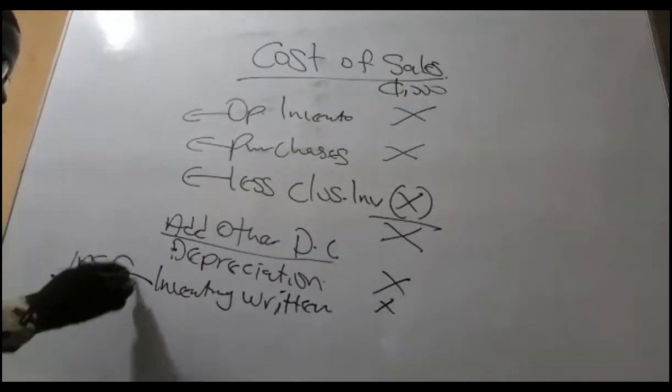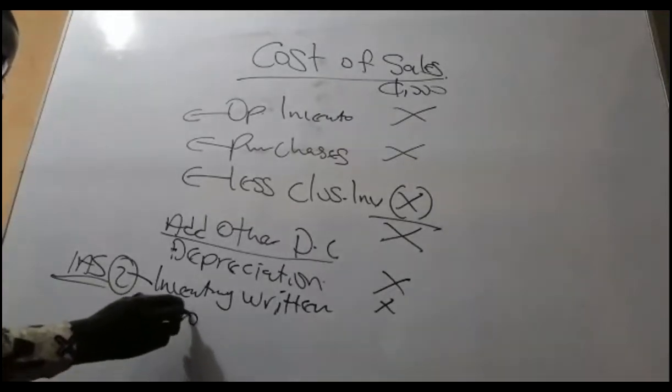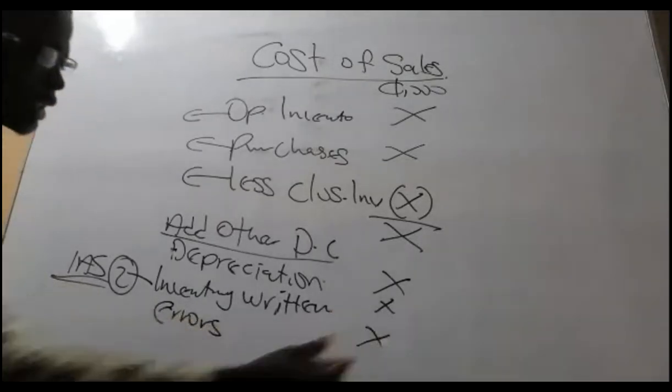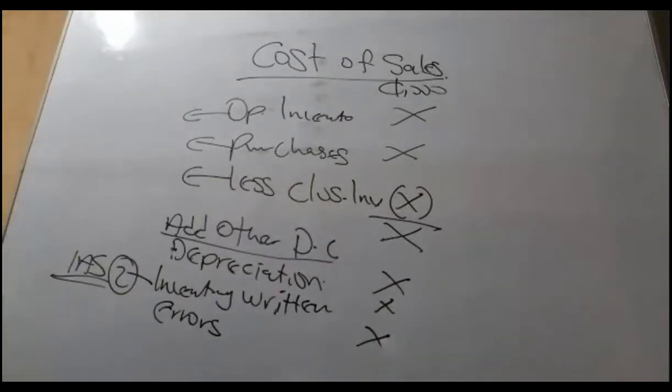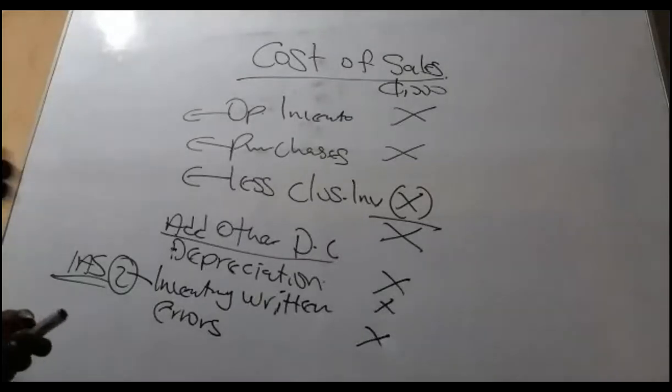Then errors. Maybe the examiner will inform you that they have mistakenly charged certain items to this cost of sales, wrongly added certain figures to it. What do you do? Reverse it.